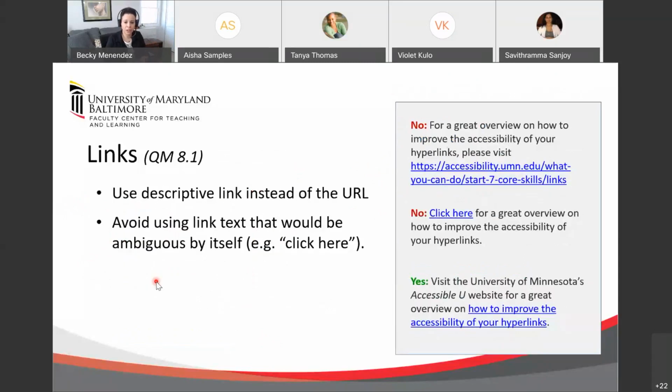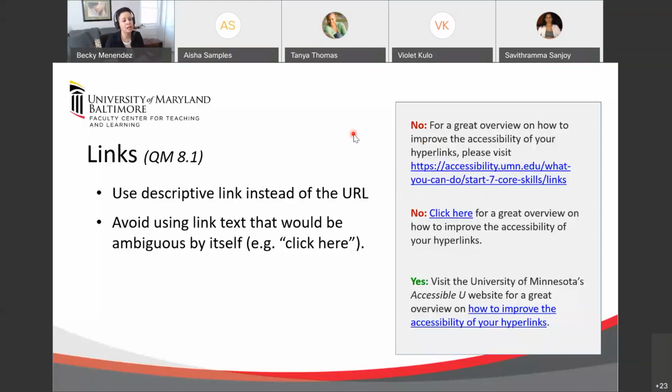For links, use descriptive link text instead of a URL. So in this first example, it uses just the URL as the link. And the problem with this, if someone is using a screen reader, it'll sound like this. For a great overview on how to improve the accessibility of your hyperlinks, please visit https://ACCESSI and so forth.